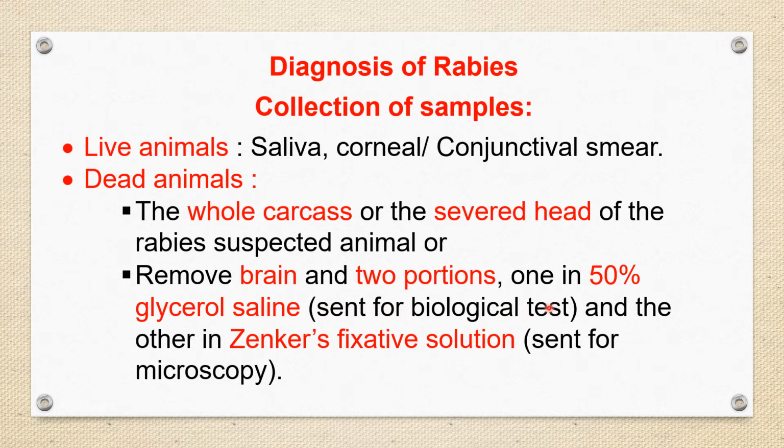One portion in 50% glycerin saline is sent for biological test, and the other half of the brain in Janker's fixative solution is sent for microscopy. This is the diagnosis of rabies in a dead animal, and in a live animal, saliva, corneal or conjunctival smear.